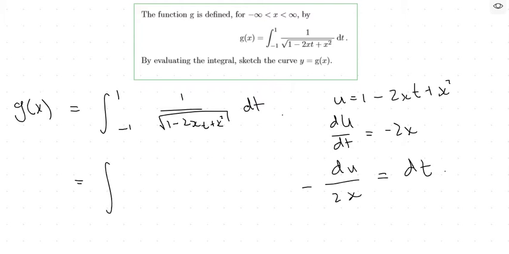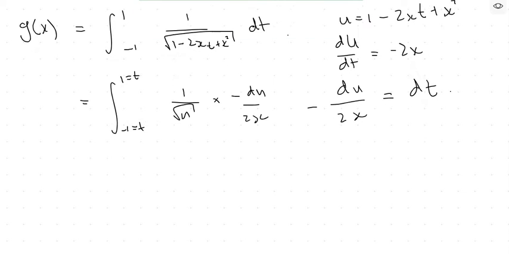So t equals 1, t equals minus 1. I'll leave the limits the same at the moment. 1 over root u times minus du over 2x. Okay, so bring the minus 1 over 2x out.